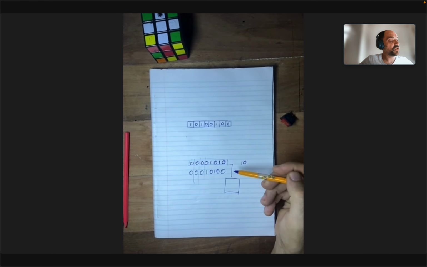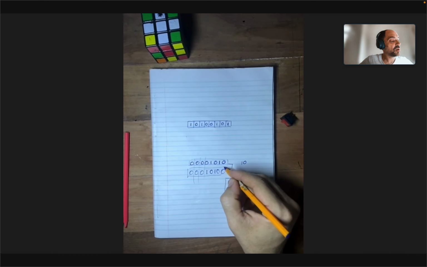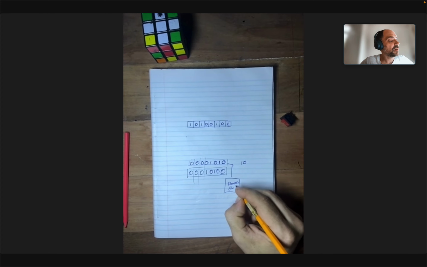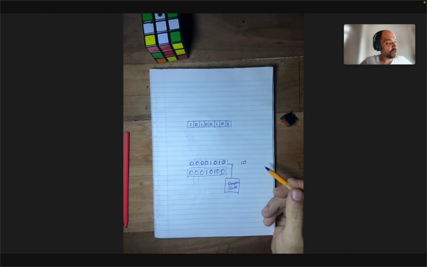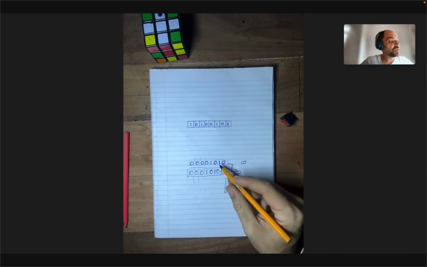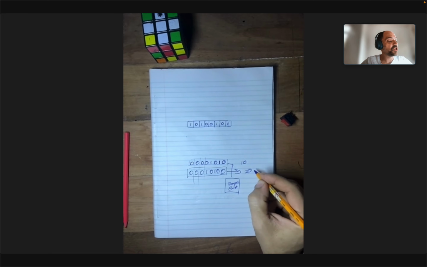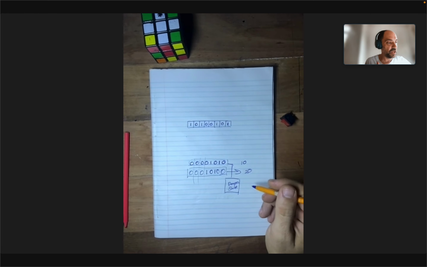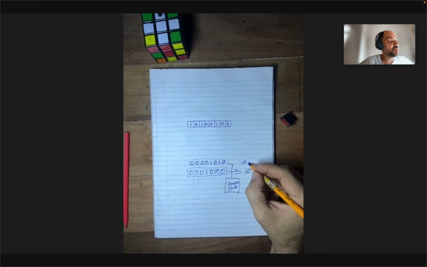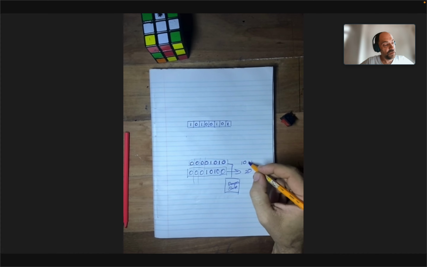So you could just do something like that, pass it through some kind of process that will shift it, and that will give you a multiplication. So in this case, because that's 10, we know we'll get 20 if we shift it once, and we'll multiply it by 2 every time we shift it. So if you shift it twice, you would have multiplied it by 4, right? Because 10 times 2 is 20, 20 times 2 is 40. Okay.